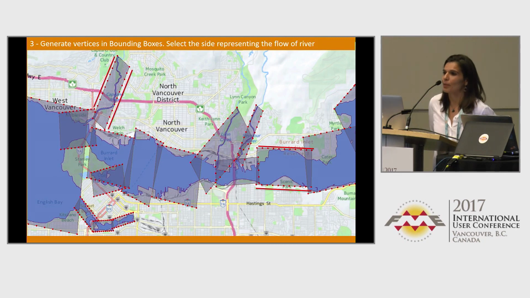And the next step, where the magic of FME also is, is to select the right side of the bounding box. Which side should I select?